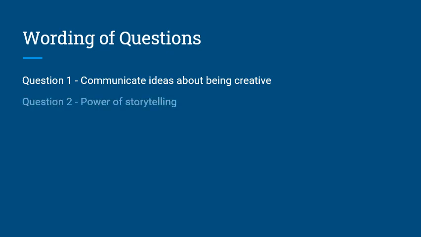Look at question 2. There was the power of storytelling. This is a phrasing that you should be very familiar with, as it's been used within previous short answer questions that you've seen before, either in Year 11 or even in Year 12. Question 3 talked about the human experience of laughter.